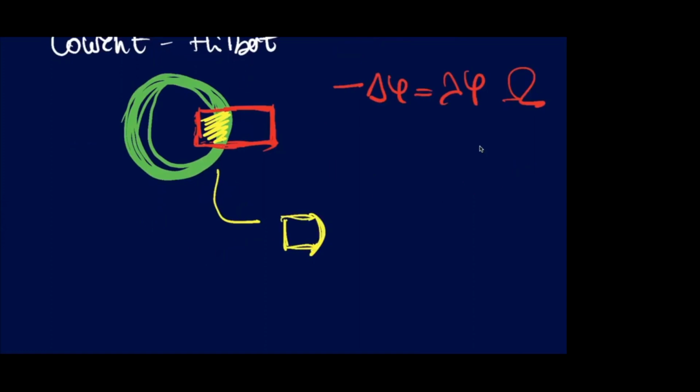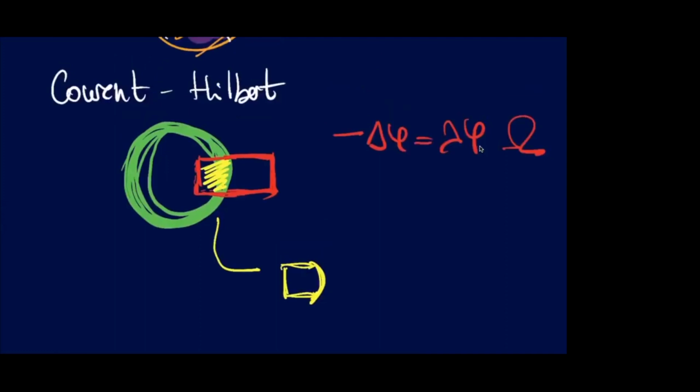People started to try to compute the eigenfunctions of the Laplacian, and they soon realized that they were not able to do it. You can try yourself. The difficulty is that when you are in this domain, you like to use radial coordinates, but when you are in this domain, you like to use Cartesian coordinates.